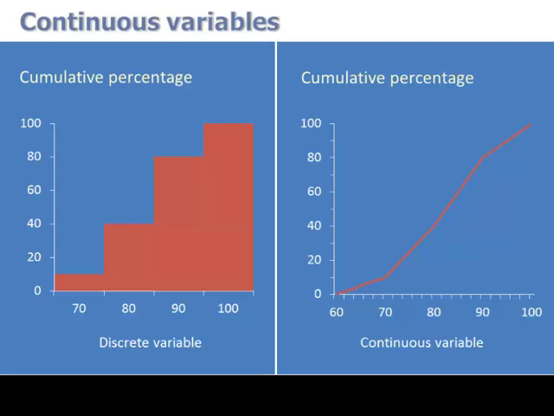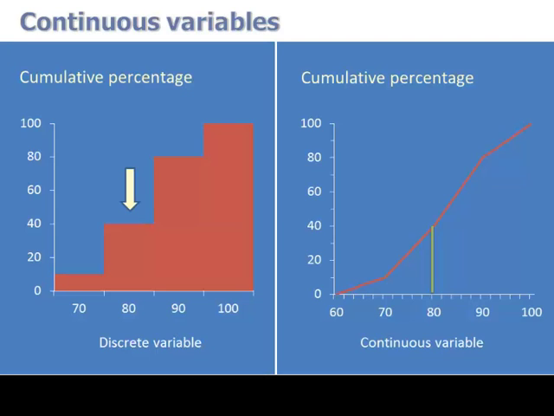From the chart on the left, we see that 40% of students had a test score of 80 or less. How would we find the percentage of students with a test score of 80 or less from the chart on the right? First, draw a vertical line from 80 on the x-axis to the curve of the graph.